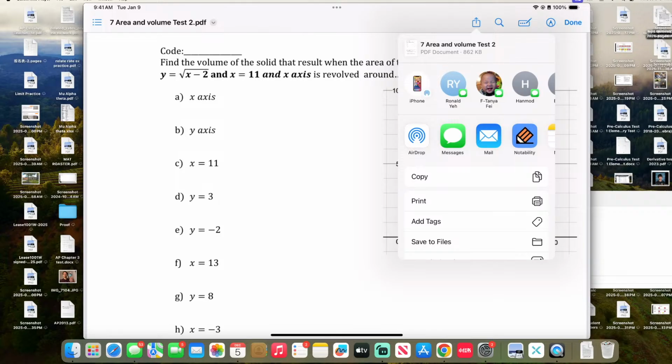Okay, but then if my arrow was like this, and then it was just the one. And then this is like my thing.